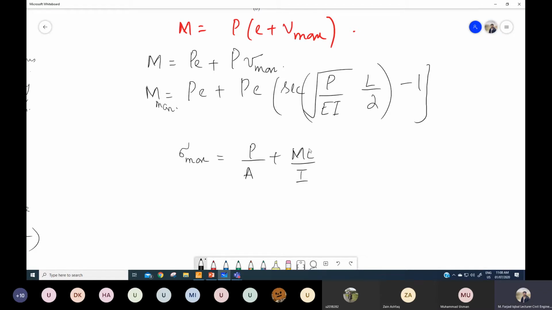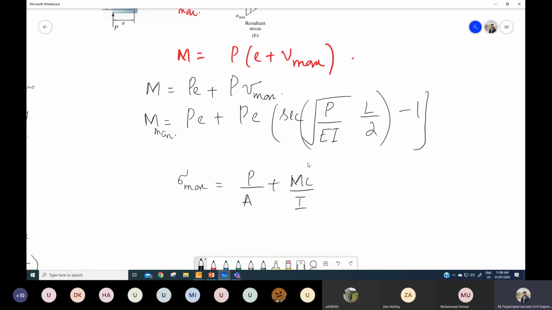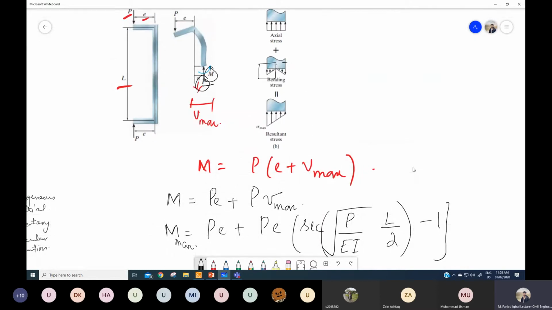So this is our relationship for maximum stresses. Now there is one important point that we need to keep in mind. This C distance is basically the distance from the centroid of the axis to the extreme fiber, because we know that the bending stresses are maximum at the extreme fibers, either on the top side or on the bottom side.